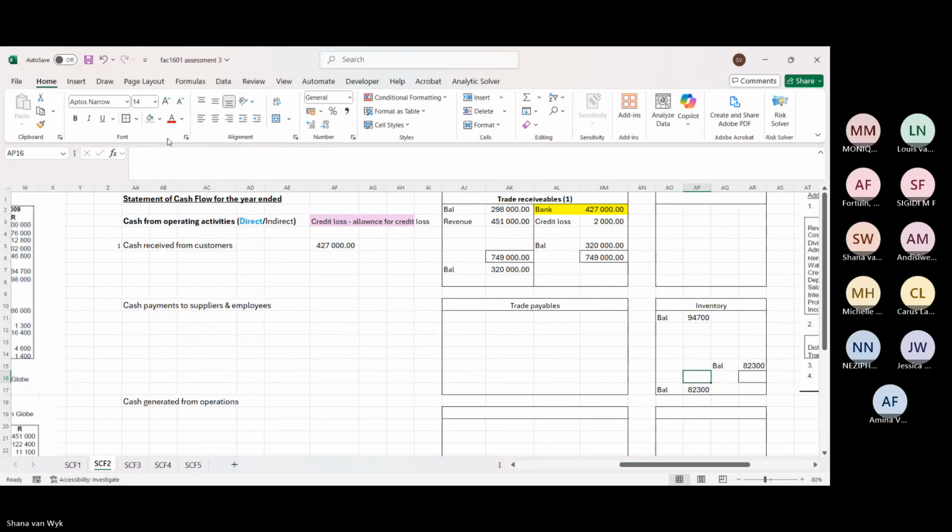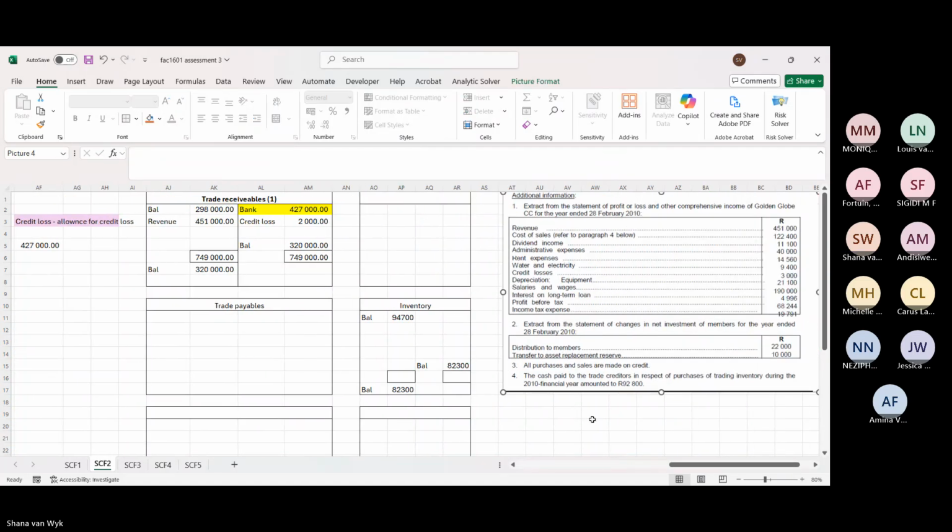Okay. Let's quickly go back to the notes. They said here all purchases are made on credit, and the cash paid to the trade creditors in respect of purchases amounted to this.